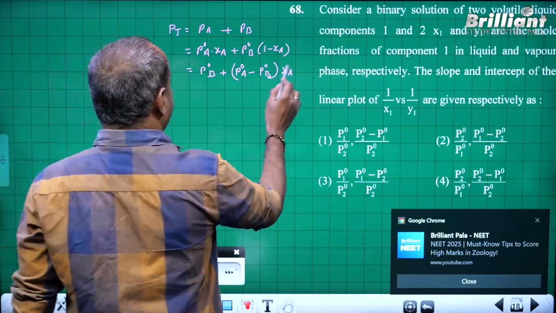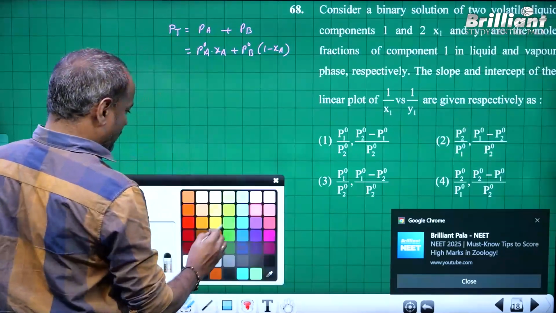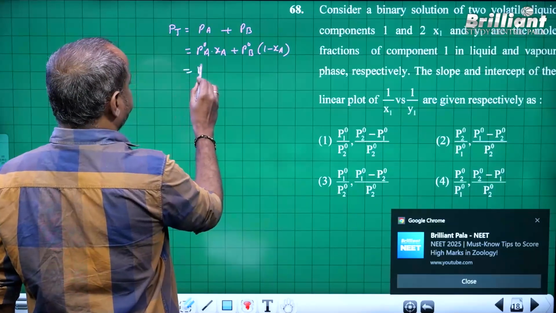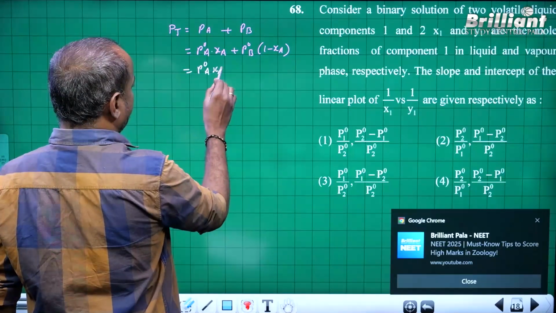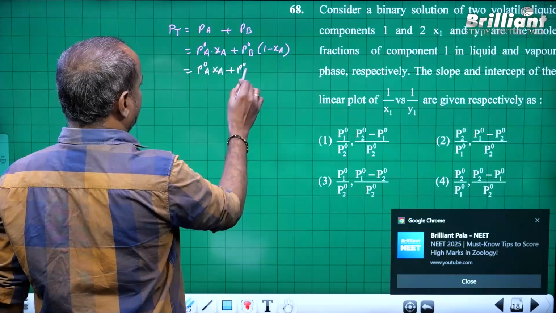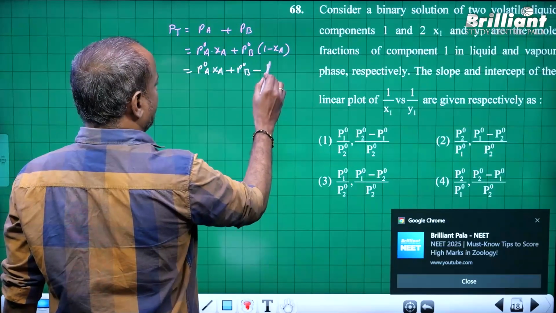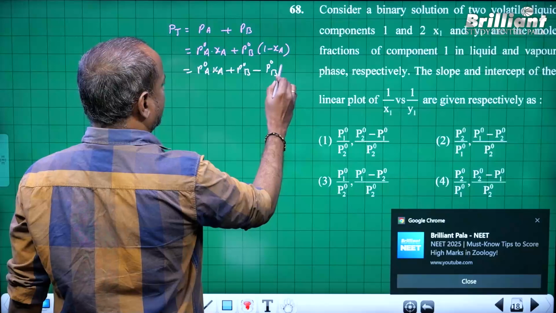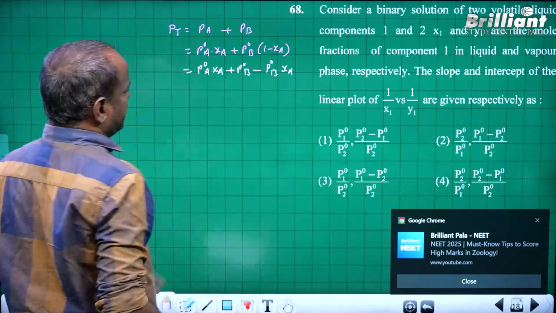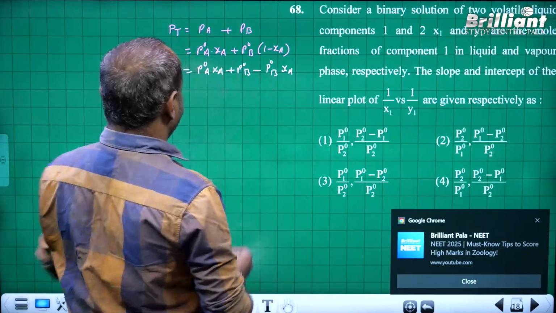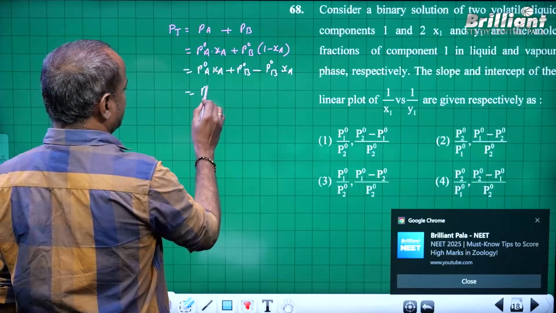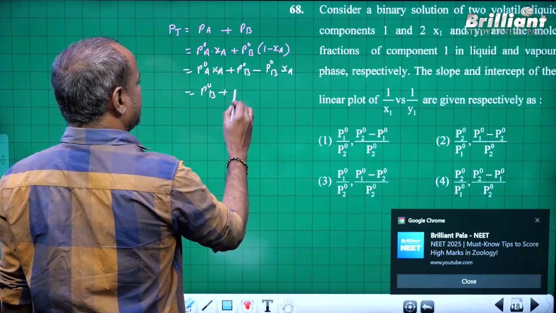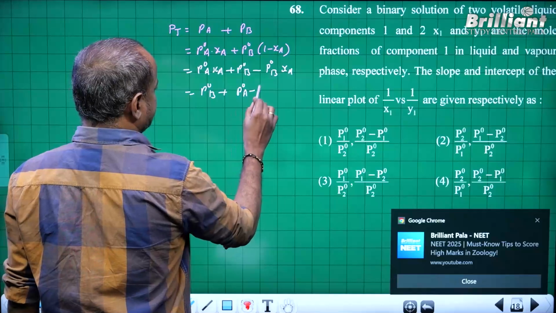Or if you want to write one more step, write P naught A XA plus P naught B minus P naught B XA, then P naught A minus P naught B, XA common. So P naught B plus P naught A minus P naught B into XA.